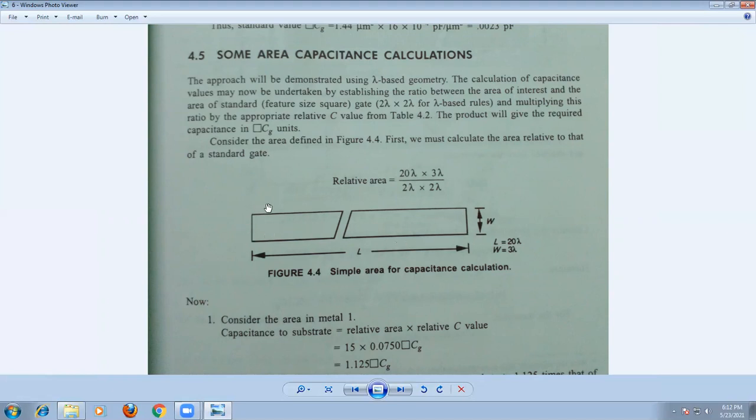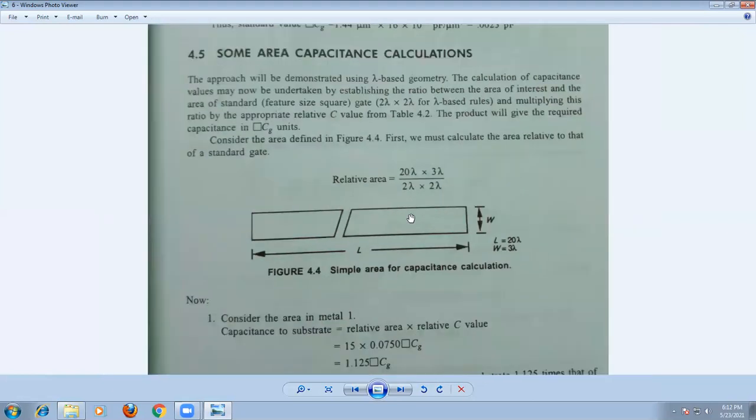The layer is not specified. It may be metal, it may be polysilicon, it may be diffusion, any layer in this case. Now assuming that this is the metal layer.